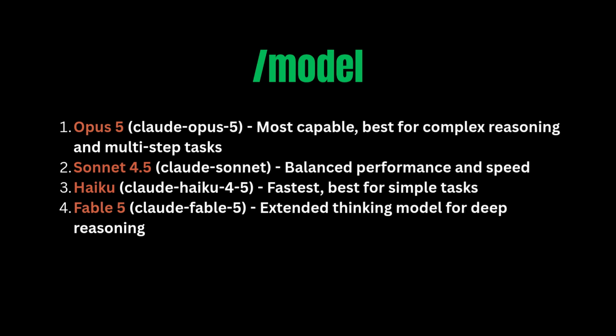Haiku, on the other hand, is a very lightweight model. It is the fastest among all and best for simple tasks, like when you want to manipulate minor CSS. So some minor tasks you can perform using Haiku.